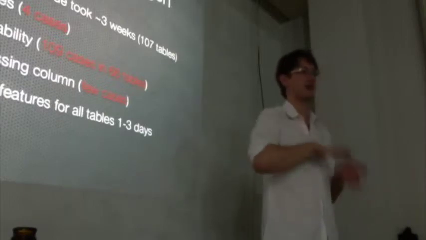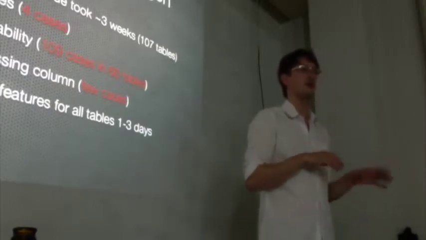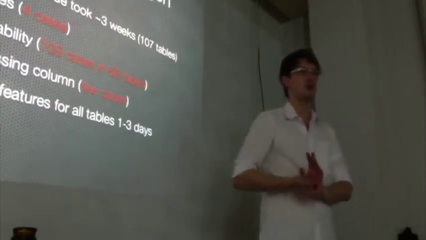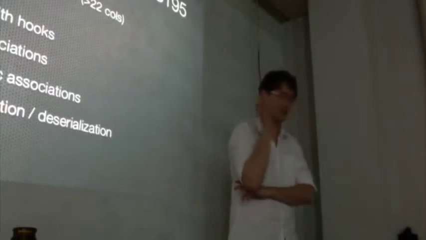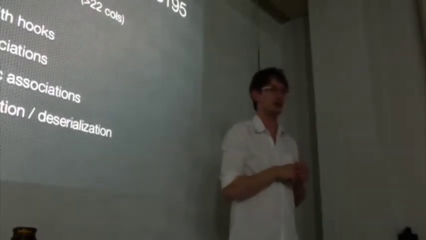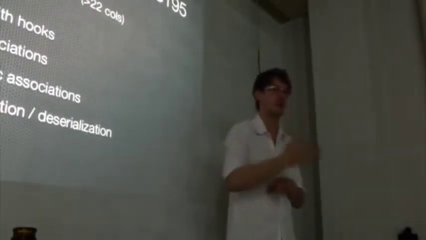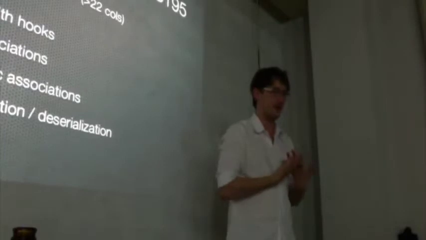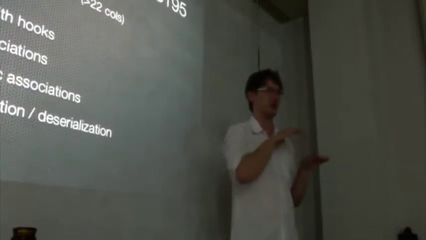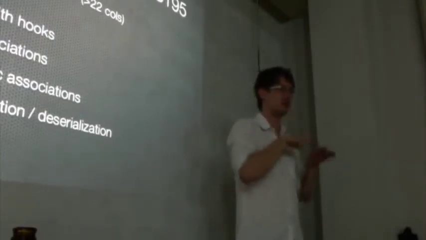After we were done with this initial migration, moving other features into code generation usually took 1 to 3 days. And in the end, we do all these things. Of course, the case classes and Slick tables, and we generate CRUD operations, which also give us hooks to do stuff before and after updates. We model typed associations, so we know from one table there's an association to another table.